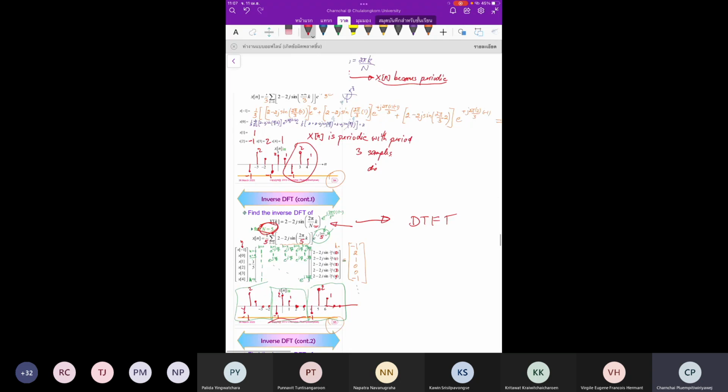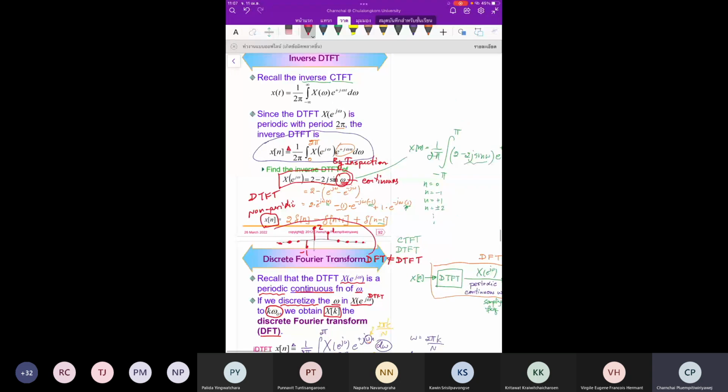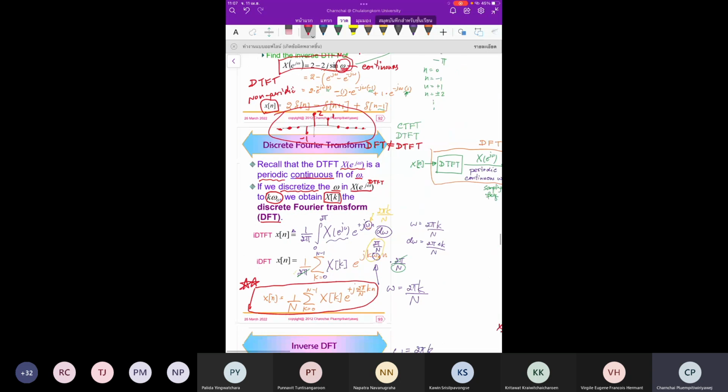It's going to go back to this one. The period will go to infinity with zero padding. So this is what happens in the Fourier domain, the relationship between the Fourier domain and the time domain. And that's pretty much it.